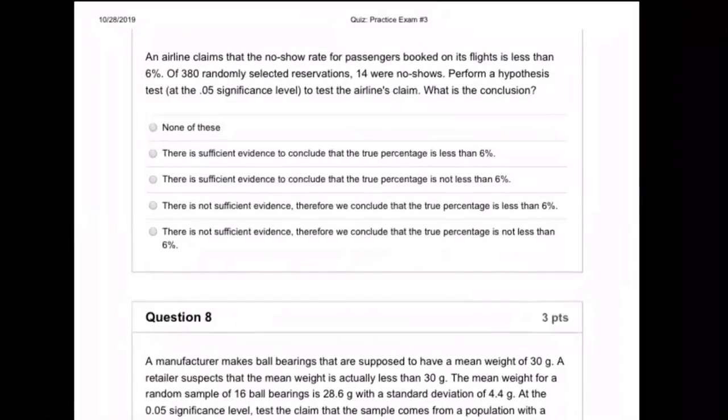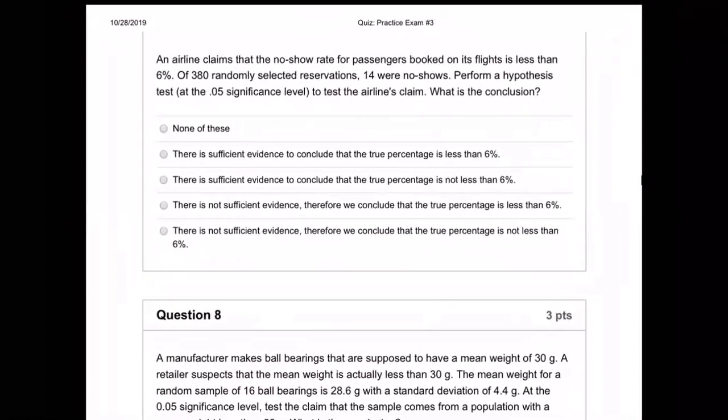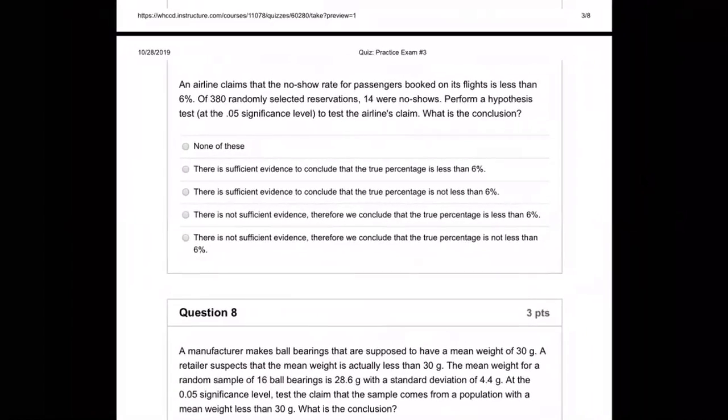All right, here we go. In fact, I think I'll just grab it, put it on its own separate page. There we go.